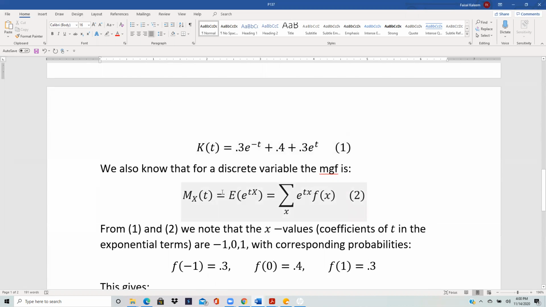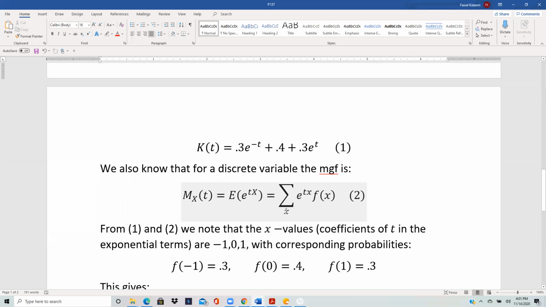But we also know that the MGF is equal to the expectation of e to the power tX, which for a discrete variable is the summation of e to the power tx times the probability function. If you compare 1 and 2, you can spot that this sum has to be a three-term sum, with powers of e to the tx, and the summation going over x.